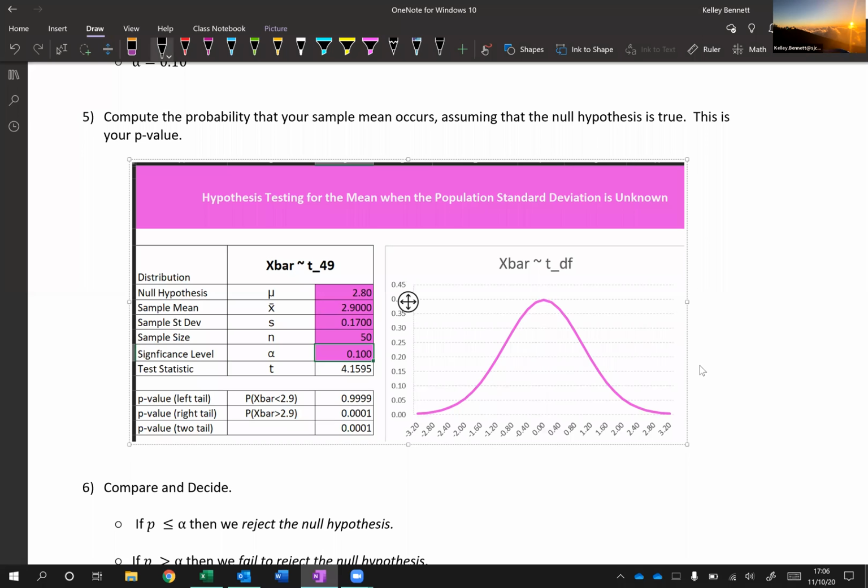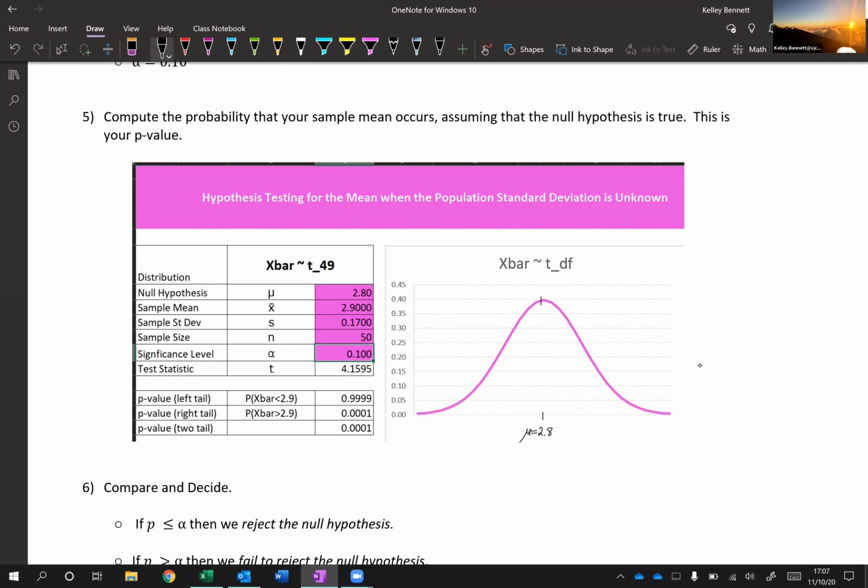All right, so we have the assumption that mu is 2.8. I'm going to erase these because they get in my way. We still have our assumption that mu is equal to 2.8. Let's start with the significance level just to change things up.